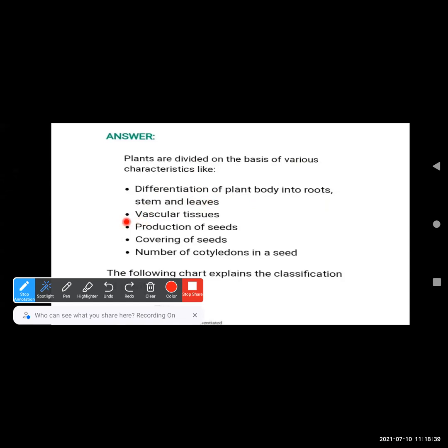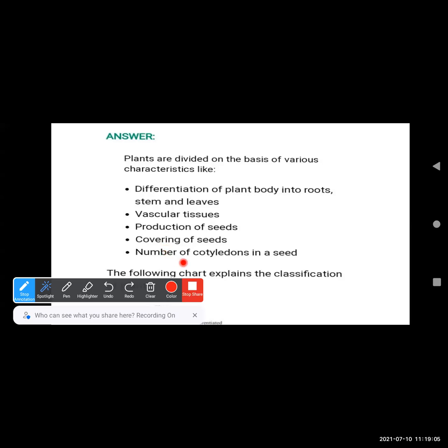Then the second criteria is vascular tissues, whether the xylem and phloem, the conducting tissues, are present or not. Then production of seeds, whether the seeds are produced in that plant. Then covering of the seeds, whether the seed is open or enclosed inside the fruit.